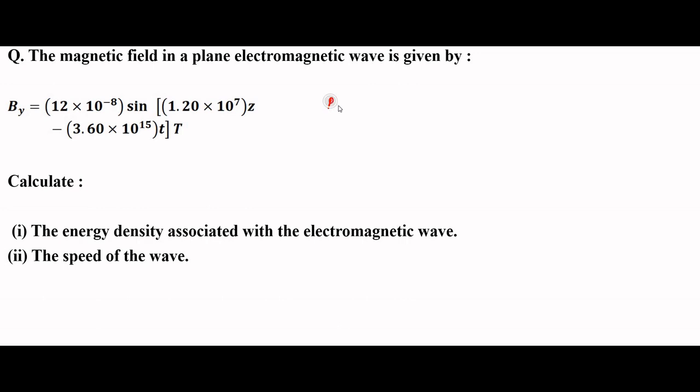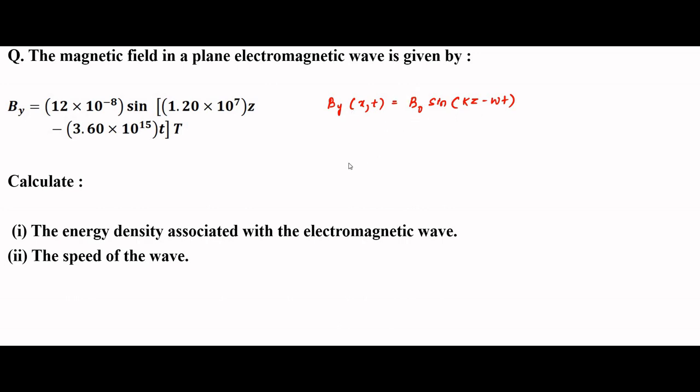By as a function of position and time is equal to B0 sin(kz − ωt).